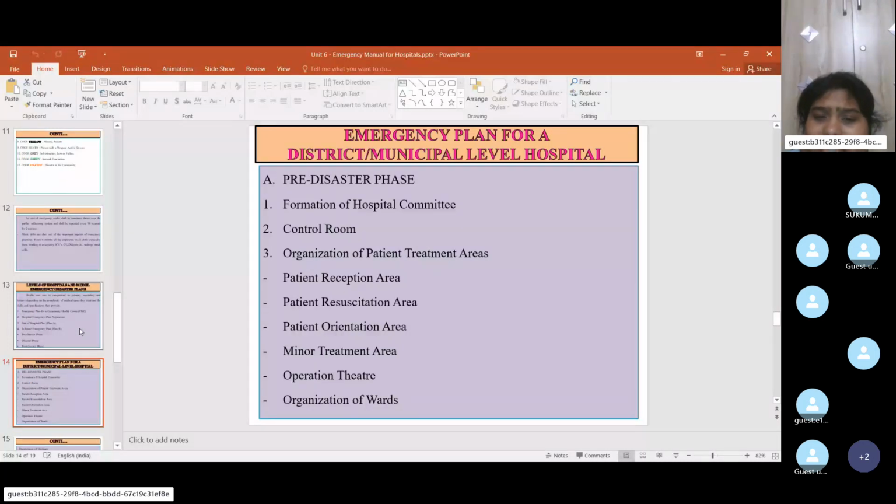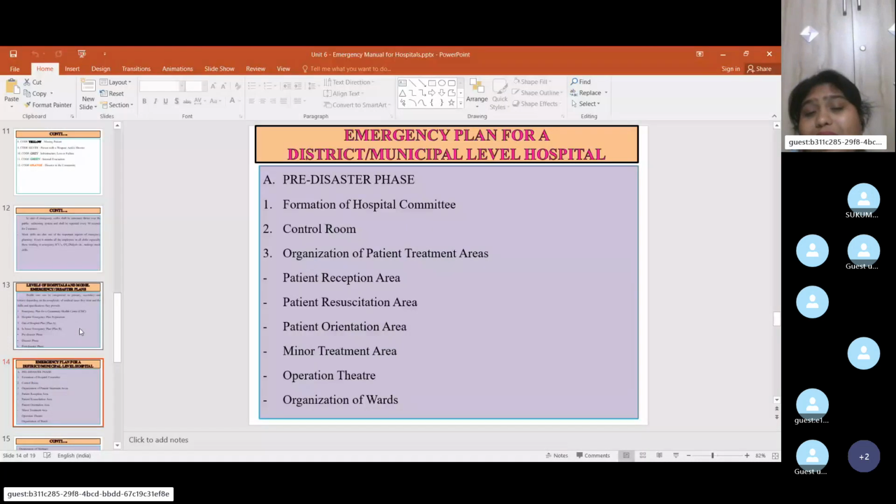Then organizing patient treatment areas: a desk to check vitals and triage them, and a patient resuscitation area, where if people have a cardiac arrest or the pulse is not found, CPR is started immediately. A patient orientation area, because people will be in shock after the disaster, so we stabilize them, give them proper position and a comfortable place, help them relax, and orient them to what happened and how it happened.